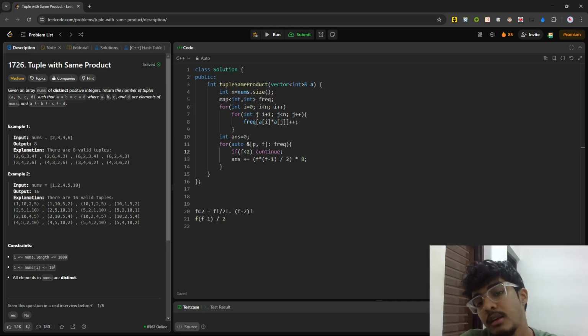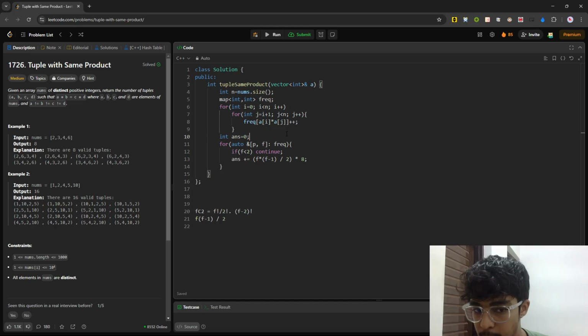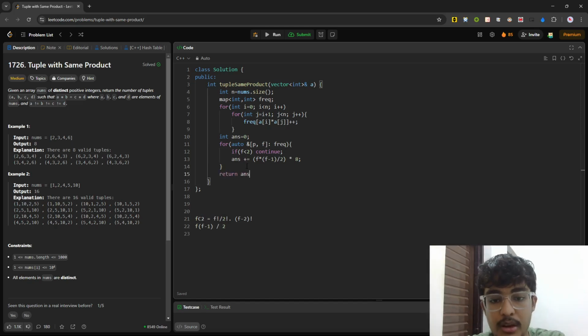So f cannot be more than 1000, which means that f into f minus 1 cannot be more than 10 raised to the power 9, which is well under the 32-bit integer range, right? So it will not cause any integer overflow, and just simply return answer in the end.